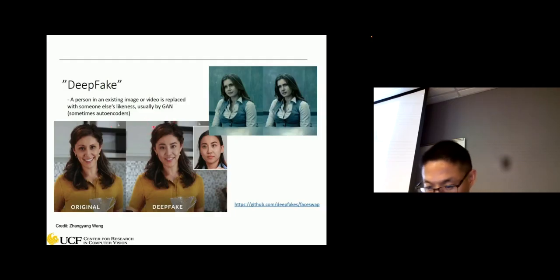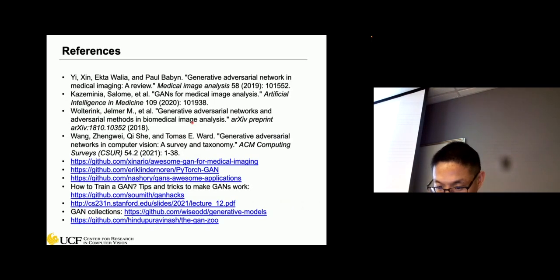I just want to mention this to make you aware that this is a really critical issue. With all this advanced technology also come great responsibilities and ethical issues, so we have to be mindful about this. If you are interested in deepfake detection, you can look at some of the references I listed here.